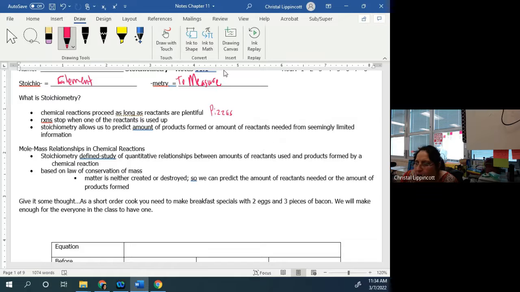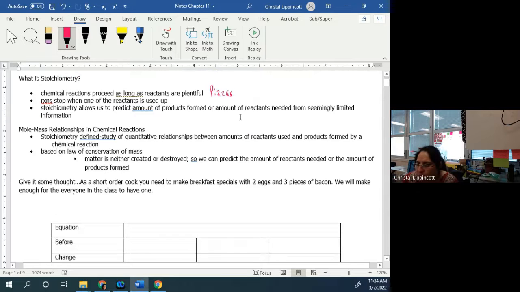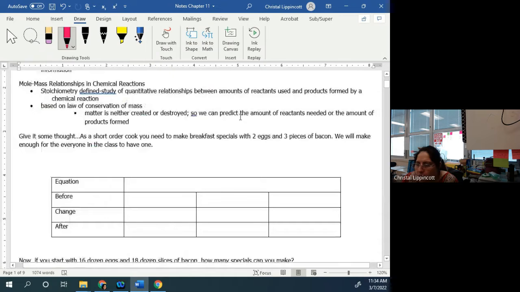Stoichiometry then, and a lot of times we'll just call it stoich, allows us to predict the amount of products. So you predicted how many pizzas you could make with those ingredients that you had on hand. It allows you to predict the amount of products that are formed and needed from what seems like limited information. All right.